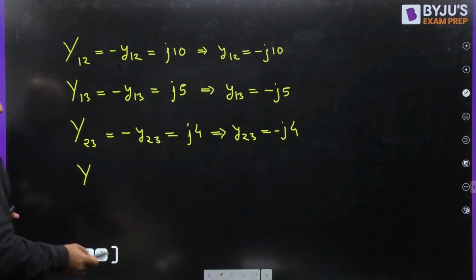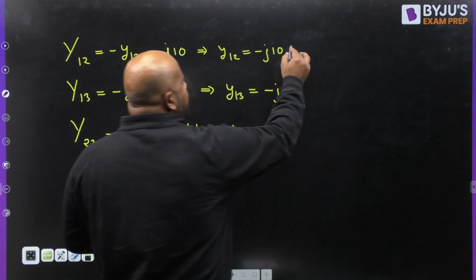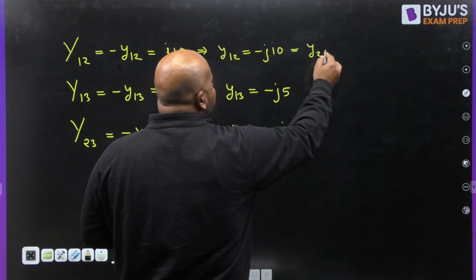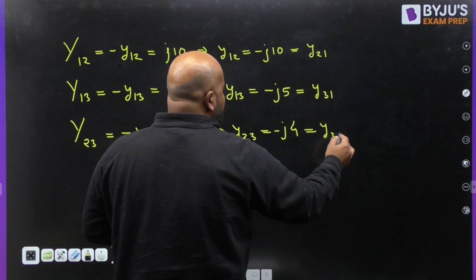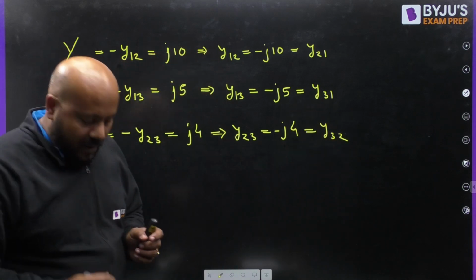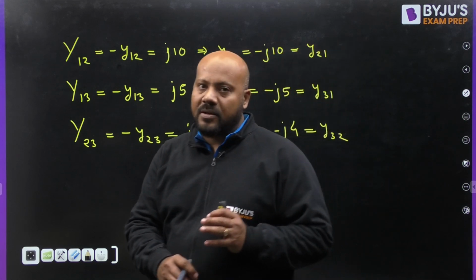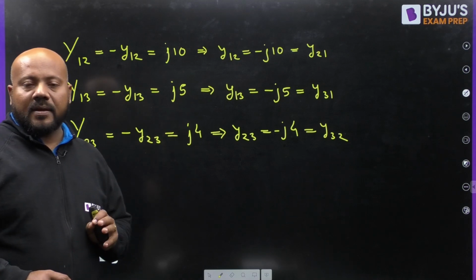So everything we have got, no problem. Okay, because this is going to be same as Y21, this is going to be same as Y31, and this is going to be same as Y32. So you got all of diagonal and off diagonal elements, and you have also found the branch admittances for 1 to 2, 2 to 3 and 3 to 1. Yes or no?